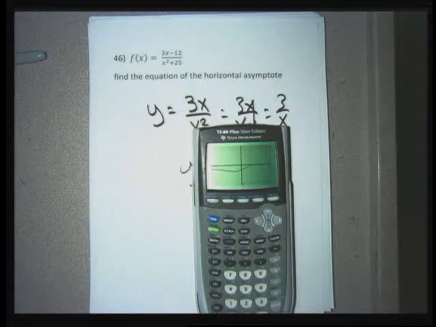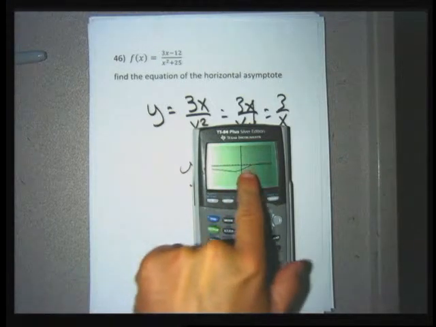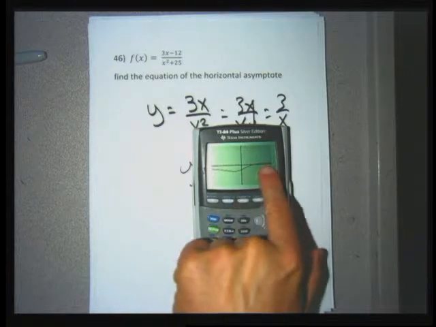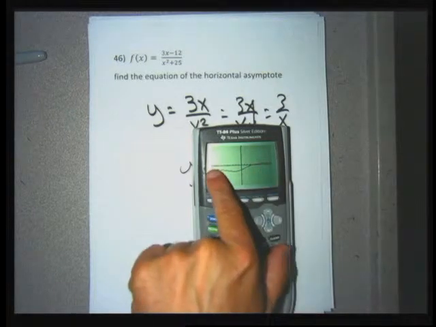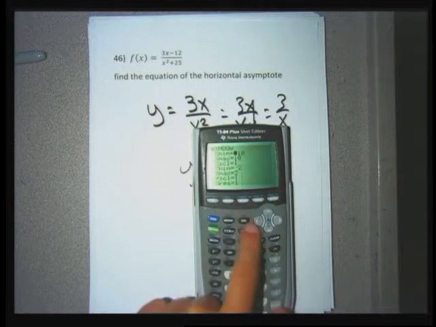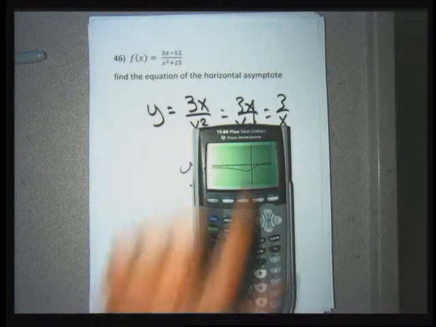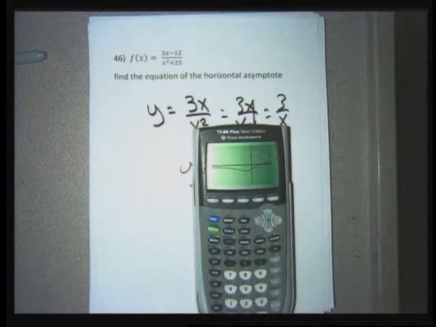So you can tell the graph over here crossed the horizontal asymptote, but it can do that close to the origin. And as I get further right and further left, the graph gets so close to the x-axis, or the equation y equals 0, that you can't distinguish the graph from the x-axis. But it can cross a horizontal asymptote. Graphs will never cross a vertical asymptote.